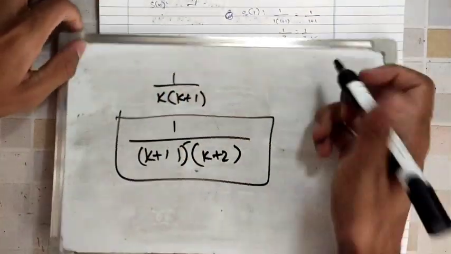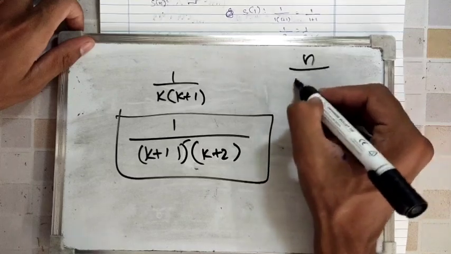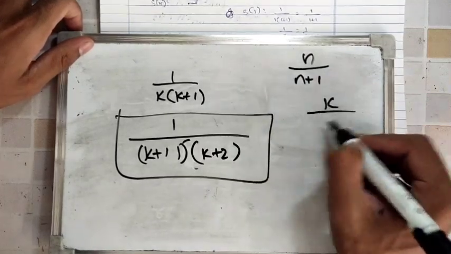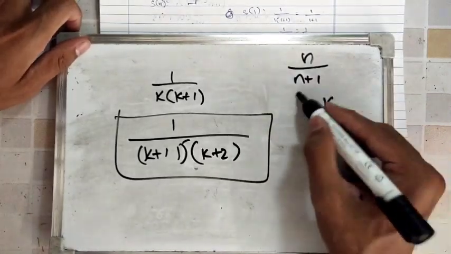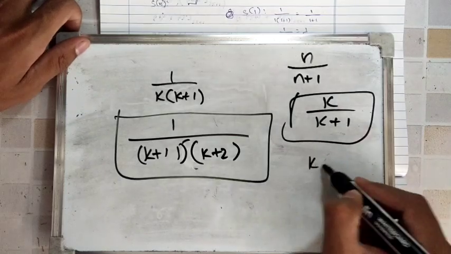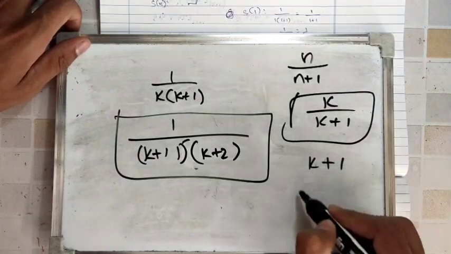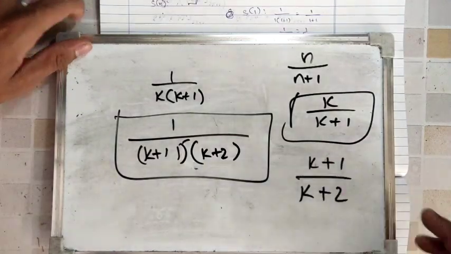Now in the question, what they had given should be equal to n divided by n plus 1, that is nothing but k divided by k plus 1. If I write this in terms of k plus 1, the numerator should be k plus 1 and the denominator should be k plus 2. So finally I got my perfect answer, k plus 1 divided by k plus 2.